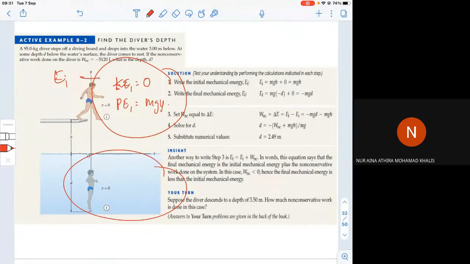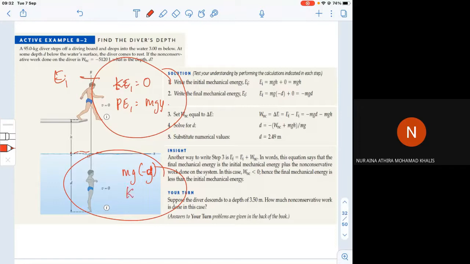So at that final point, we will see that it also contains mg, but depending on the situation, the boy has already dropped into the water slightly, so you will have a negative y. Okay, mg negative y, but the velocity is also zero.